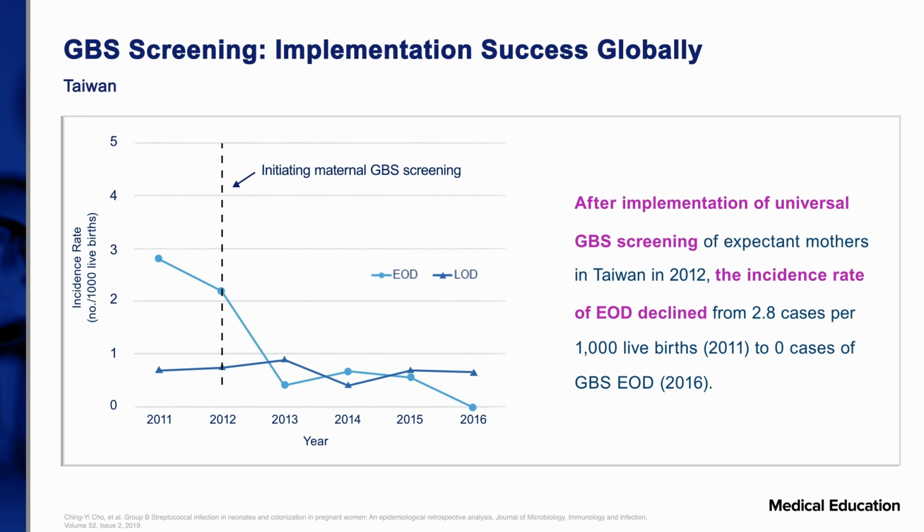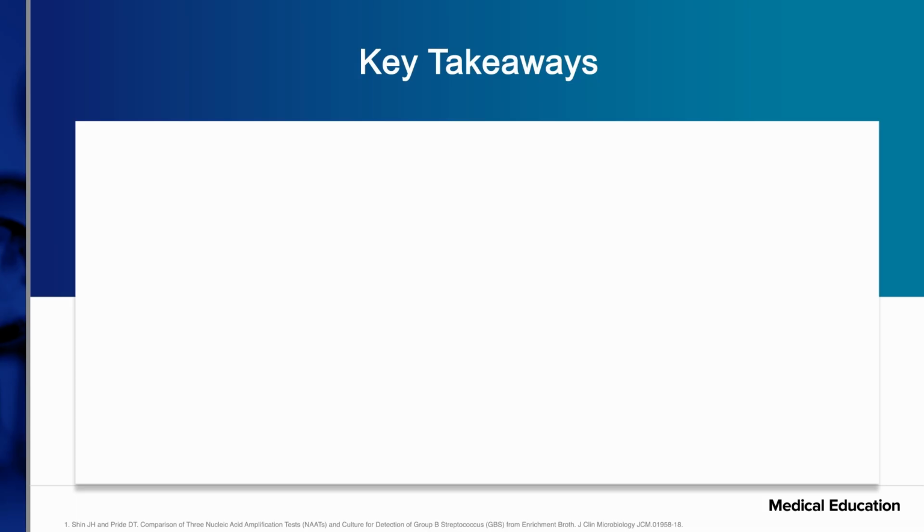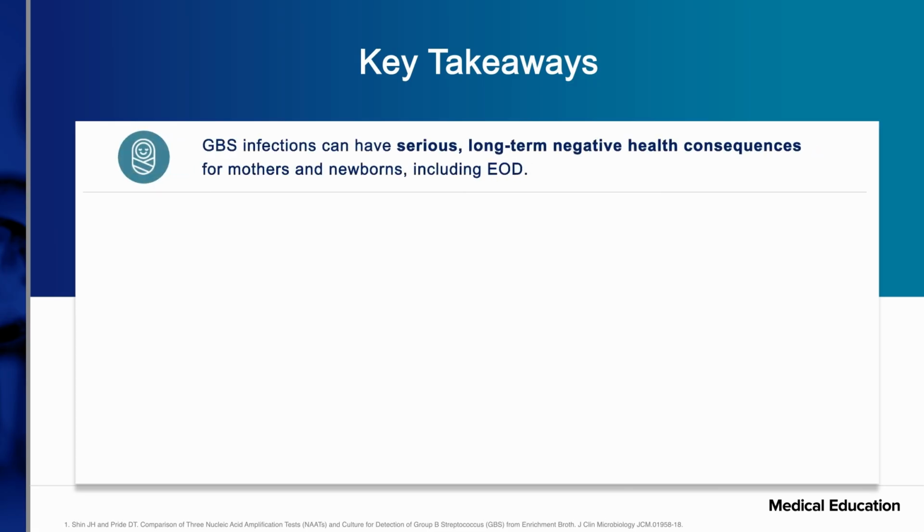And when we look at the key takeaways from all of this information, I think it's pretty clear that group B strep infections have a serious long-term negative health consequence for mothers and for newborns, and this is found in early onset disease, but it also is found in maternal health, neonatal health, and also overall devastating effects on families who go through these types of awful scenarios that happen.